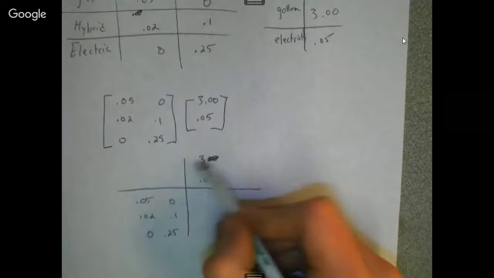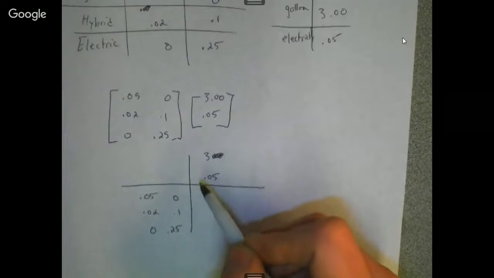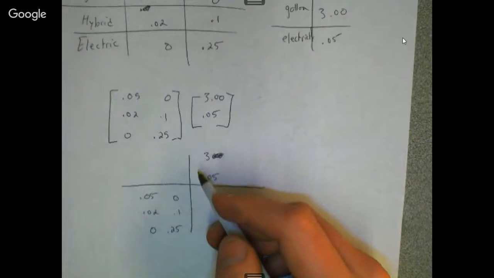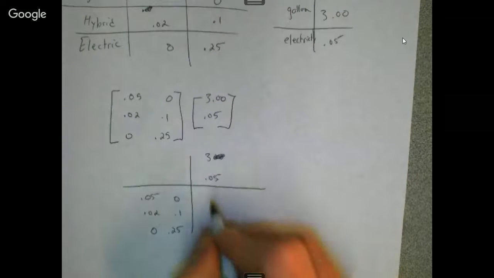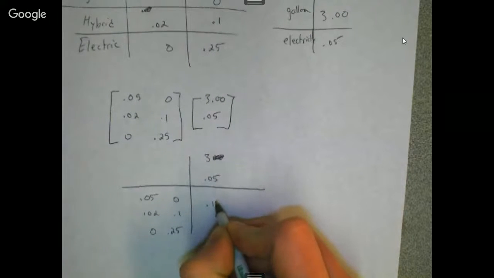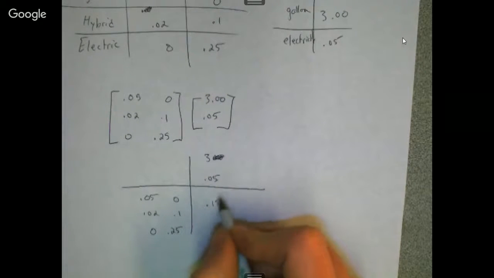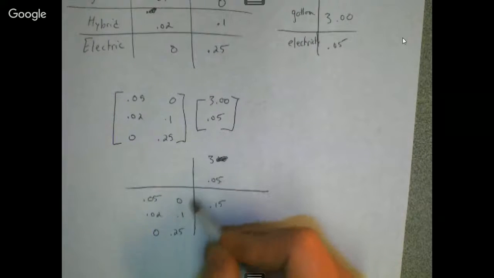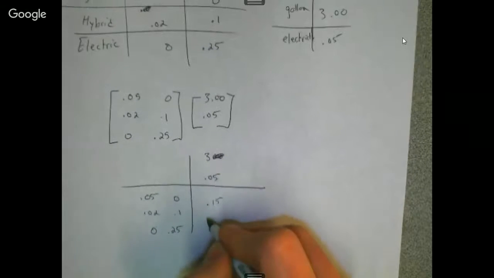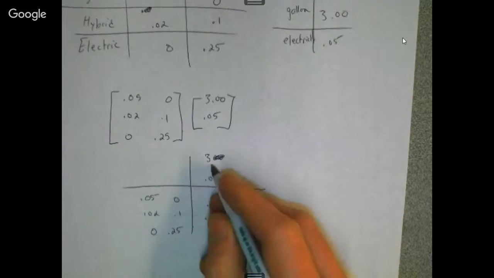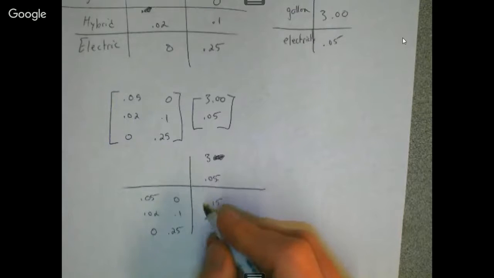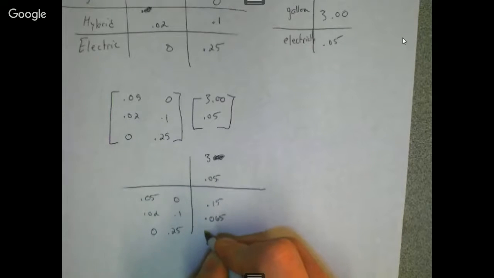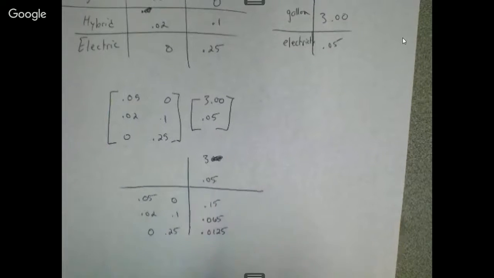So we're going to multiply, add. So we have 0.15 in my first one. We're going to take 0.02 times 3 and 0.1 times 0.05. You get 0.065. And then 0 times 3, 0.25 times 0.05. And then we have those numbers.